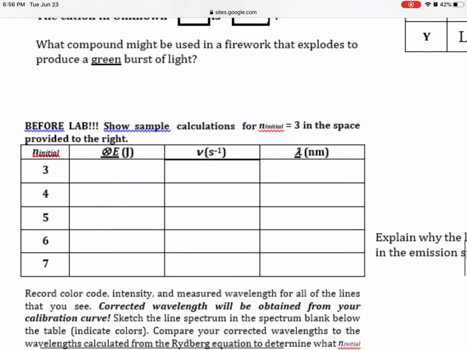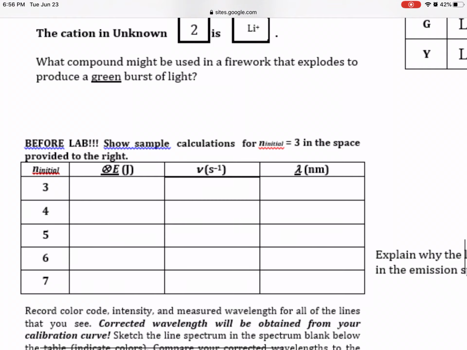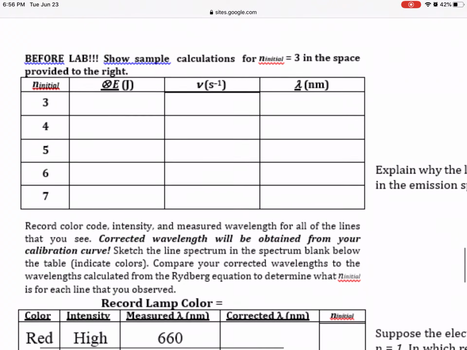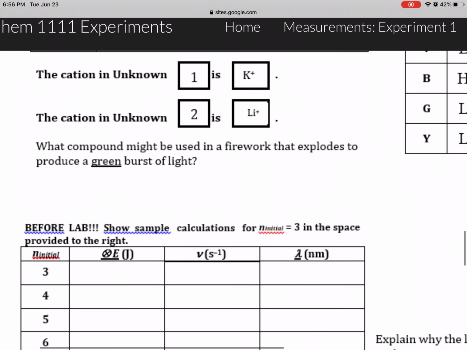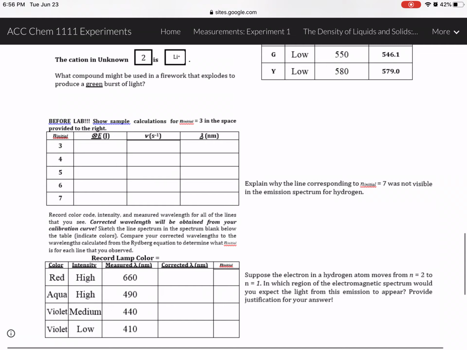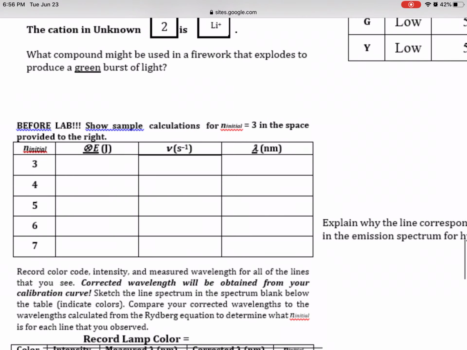And for all of these, n final is going to be n equals 2, because we are looking at the visible spectrum of hydrogen, and you need to go ahead and complete this table. I will show you how to do the calculations for one of these, and then you can do the same thing for the others.